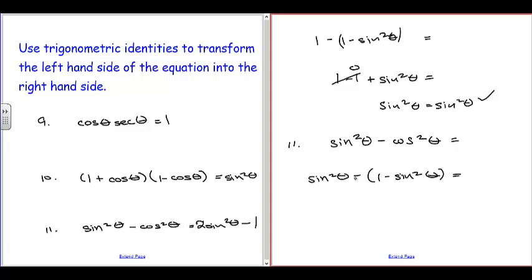And again, make sure you distribute that negative sign to both parts. So this negative times a negative becomes a positive. And then you combine these two, so you get 2 sine squared theta minus 1. Well, now I can say that's exactly what the original equation said. And because we can prove that's true, we transformed the left-hand side into the right-hand side of the equation.